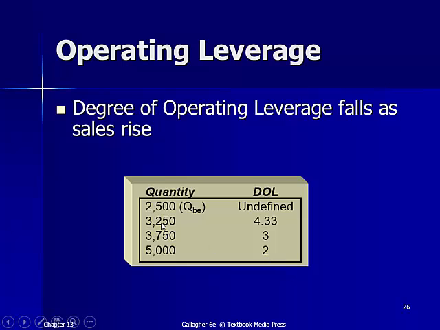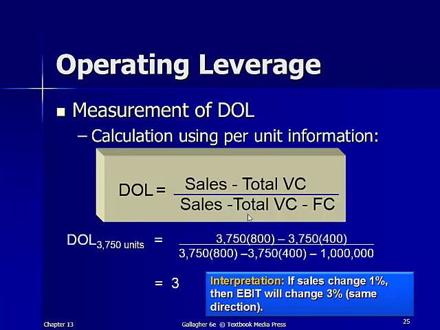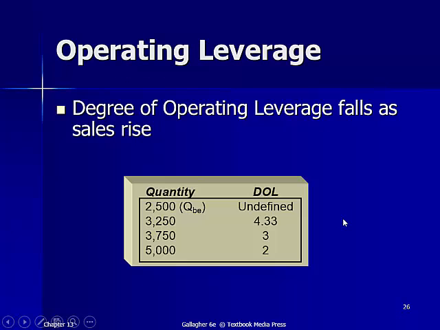If it were 3,250, it would be 4.33. If the quantity sold were 2,500, it would be undefined because you would be dividing by 0. I'll leave it up to you to go back and plug the numbers in and show that what is described in this table is in fact correct.